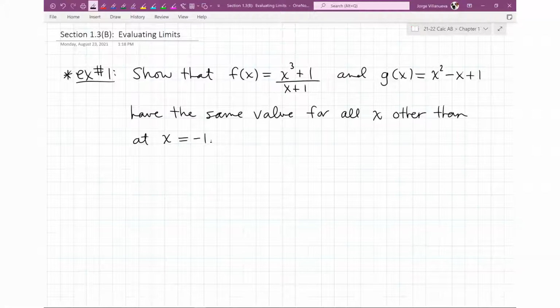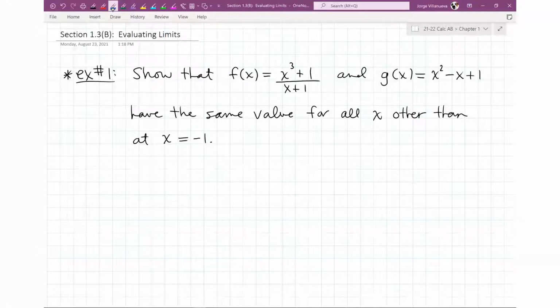The reason why they say except for x equal to negative 1 is because if you plug in a negative 1 into f of x, then it becomes an undefined function, right? So we got to make sure that it can be defined, okay? So we know that x equal to negative 1 does not work for f of x. But does every other number work?